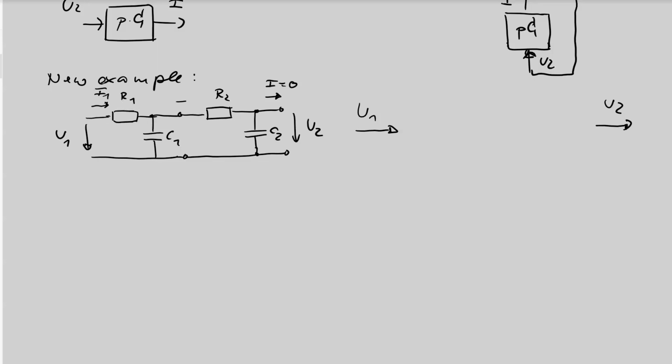Then we will have a second current I2, and if this is 0, unloaded output, we know this I2 is flowing through C2. So we can write this. But how large is the current through C1? We can apply the node rule, or we can write the node rule in an equation. We call this current I3.